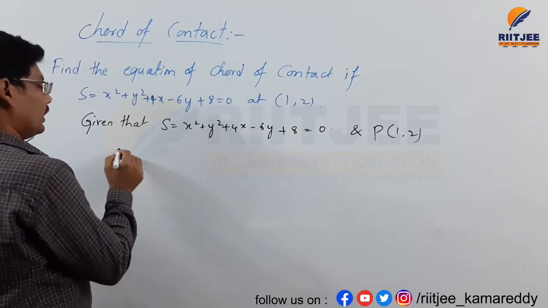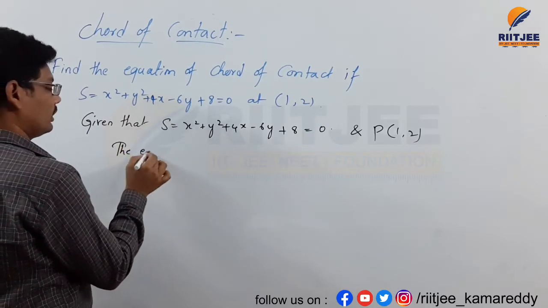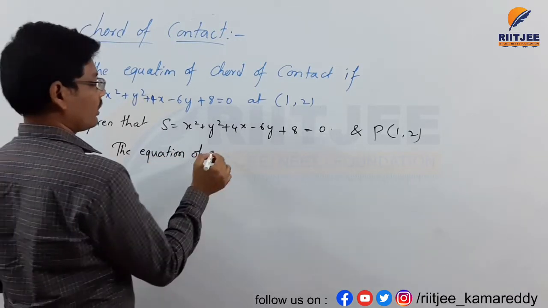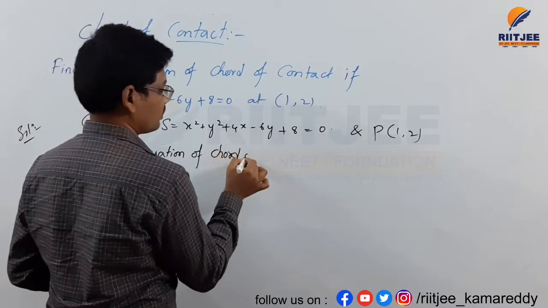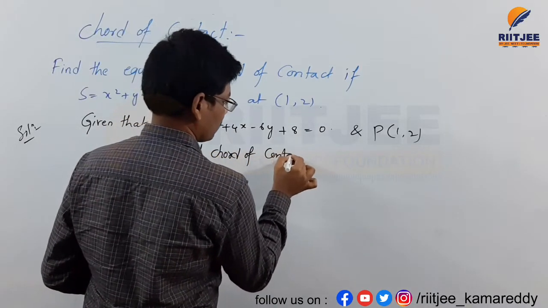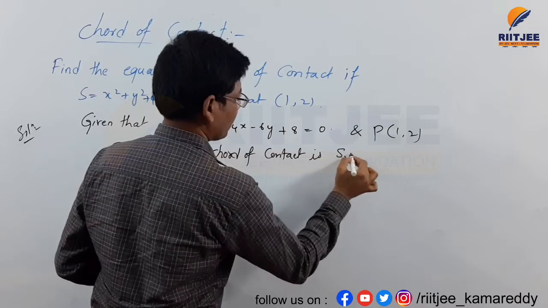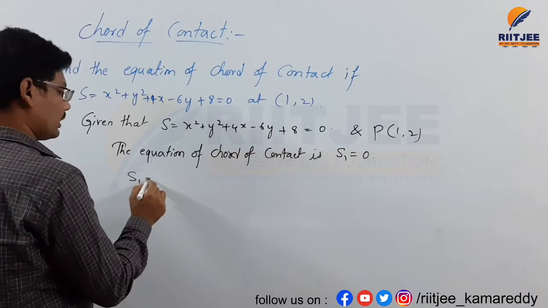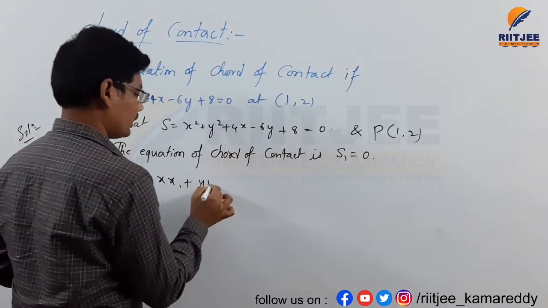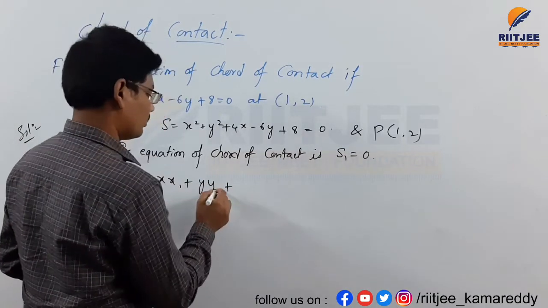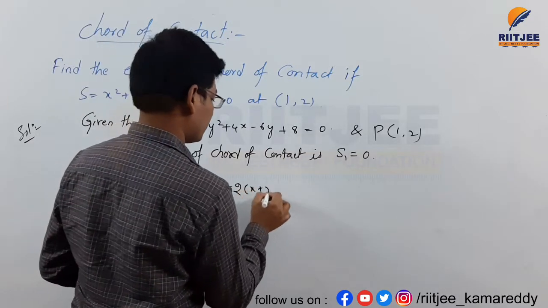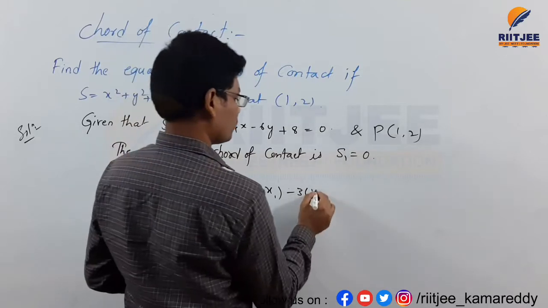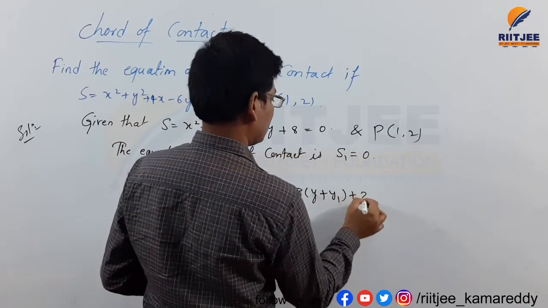Next, we need to find the equation of the chord of contact, which is S1 equals 0, where S1 is obtained by substituting x1 and y1: x x1 plus y y1 plus 2 of x plus x1 minus 3 of y plus y1 plus 8 equals 0.